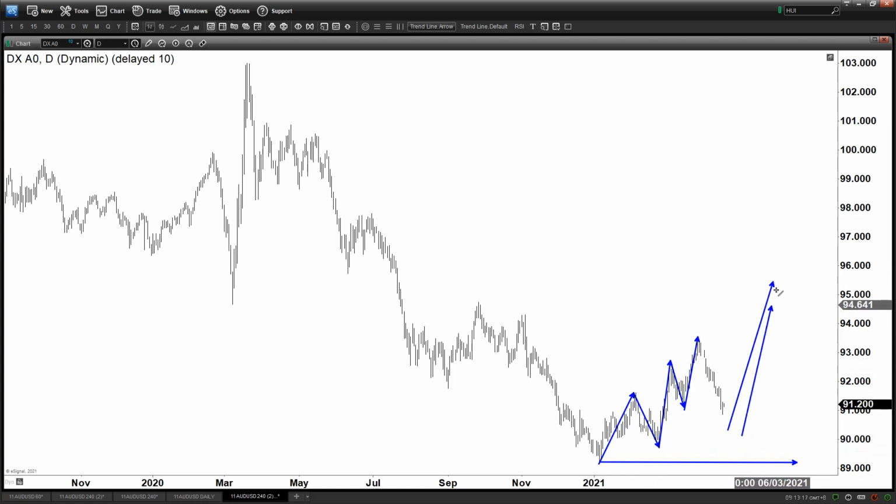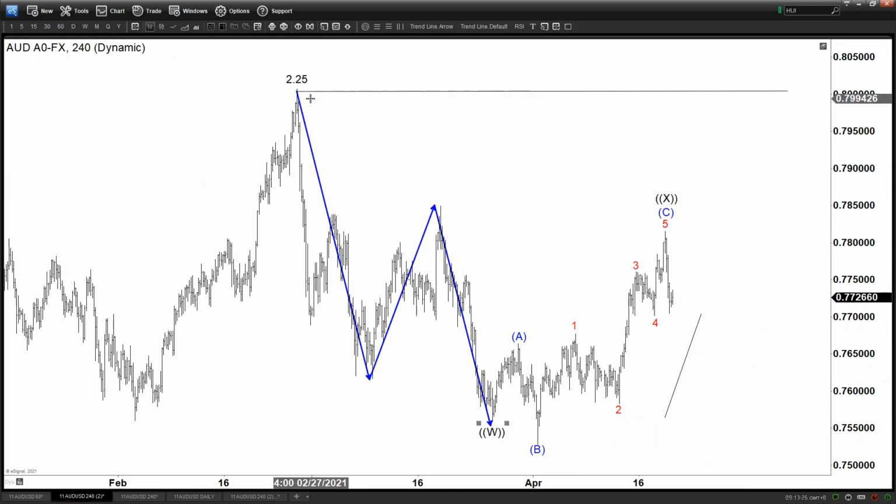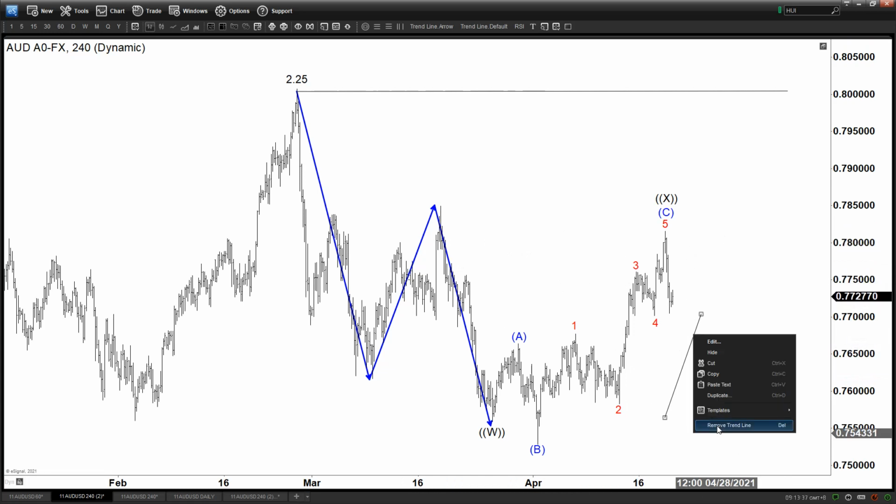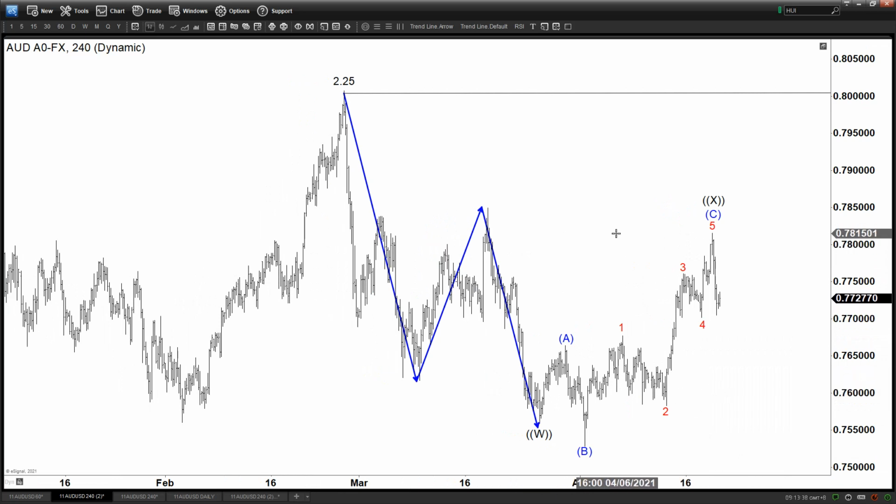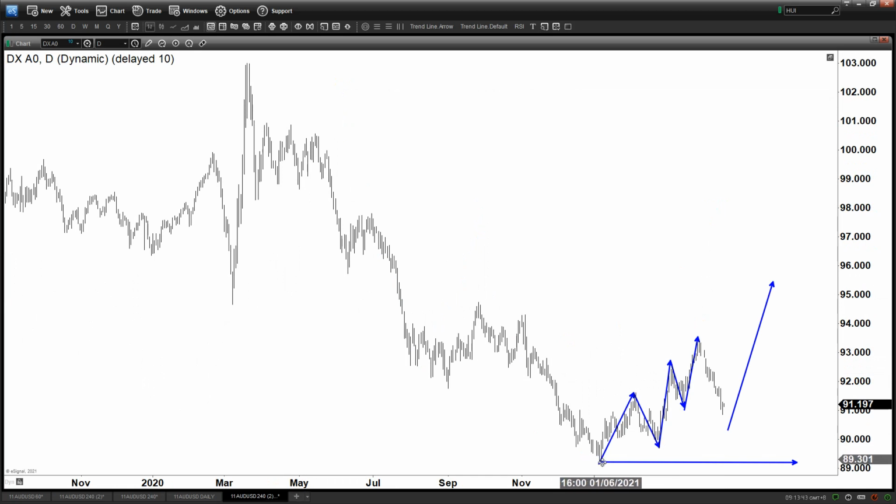Now if this is going to happen in the dollar index, that will be US dollar strength. If this happens, that US dollar strength can cause the Aussie dollar to break down again to do a double correction. So the Aussie dollar by itself does not necessarily have to do that push lower, but the dollar index is giving a possibility for that, because it looks like 5 waves up from the low here.